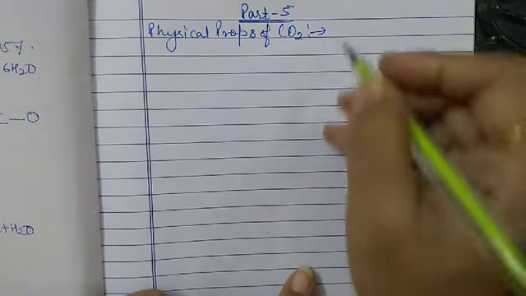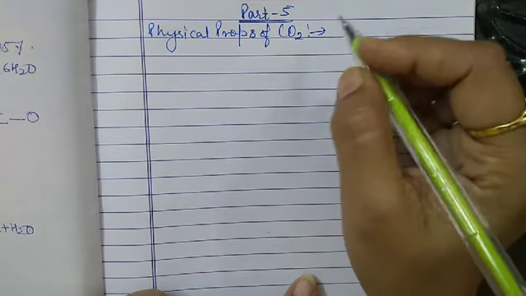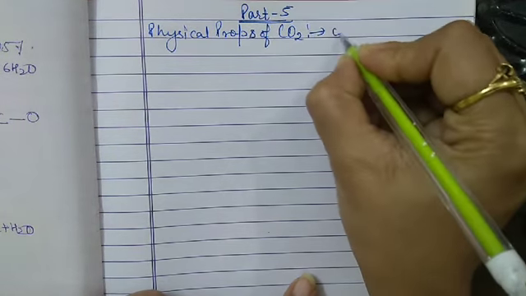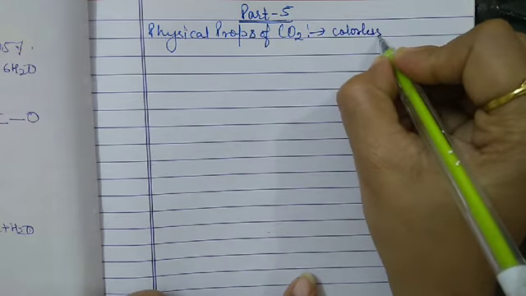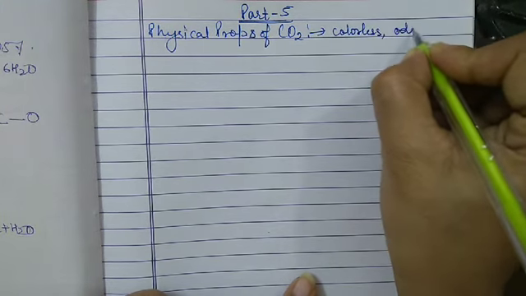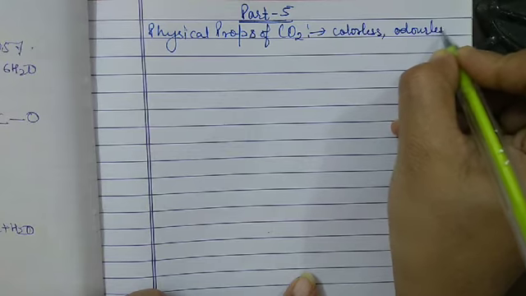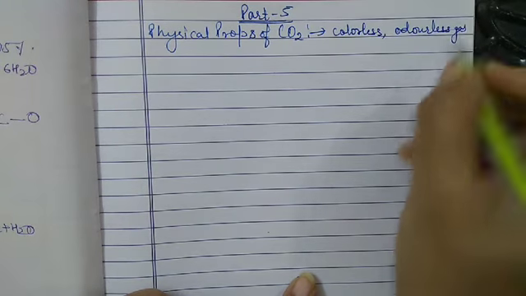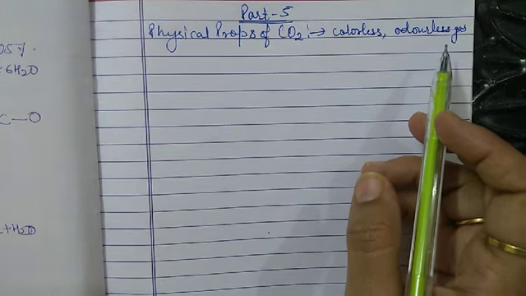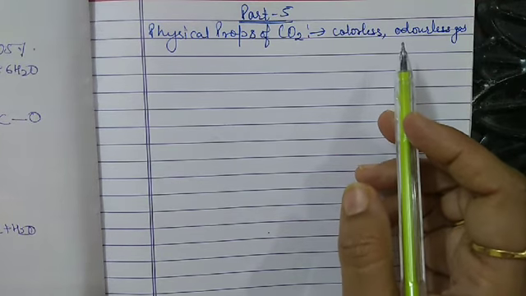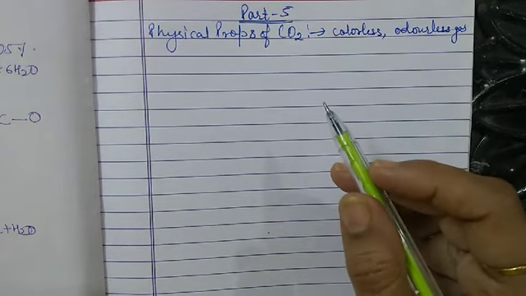The first physical property of carbon dioxide is that it is a colorless and odorless gas which is heavier than air.